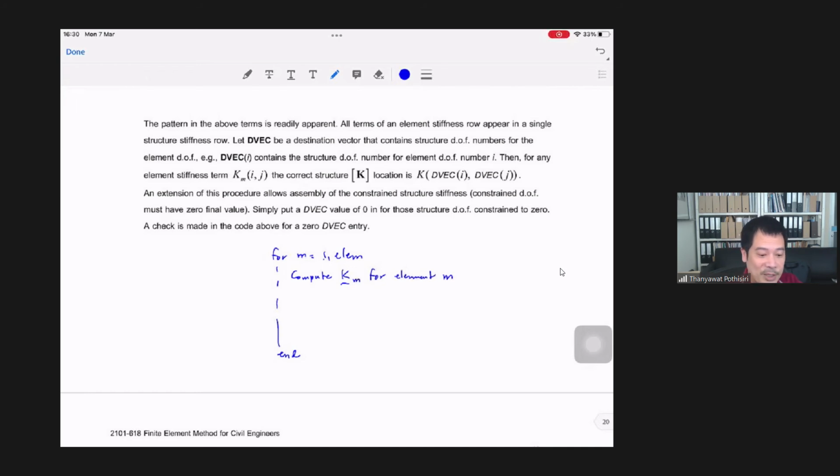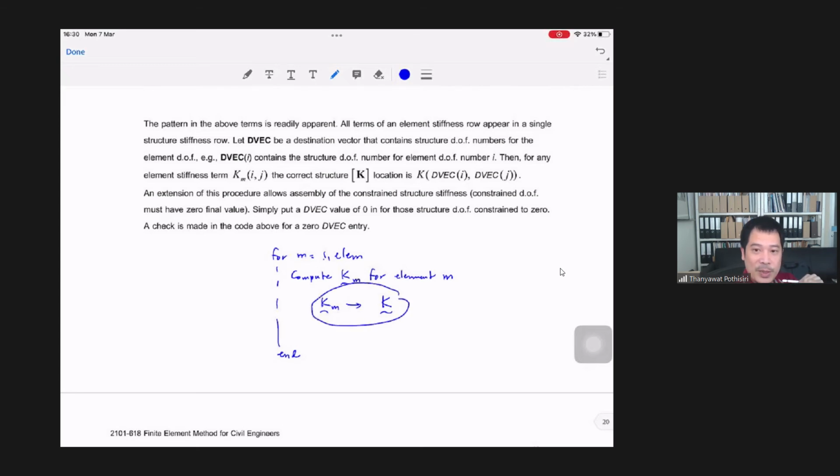And then once you compute this, you must find the contribution of Km into the structure stiffness matrix. Now, this should be part of your loop for each element.